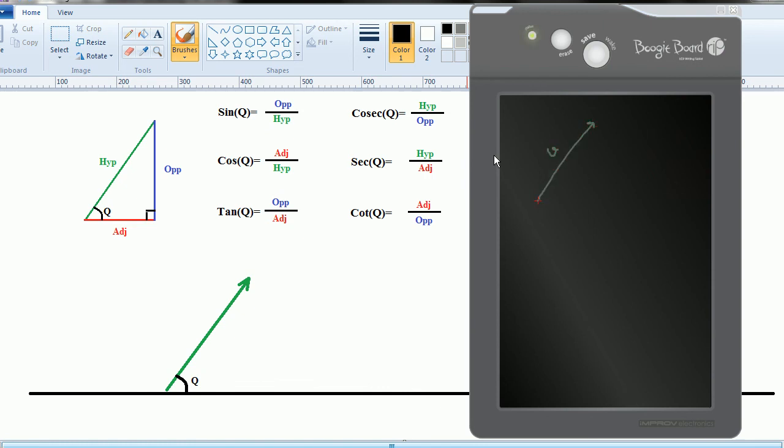V has been broken into V cos theta and V sin theta.